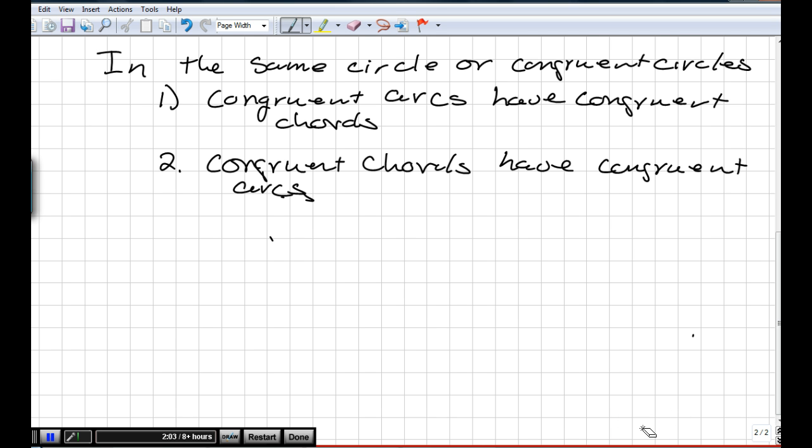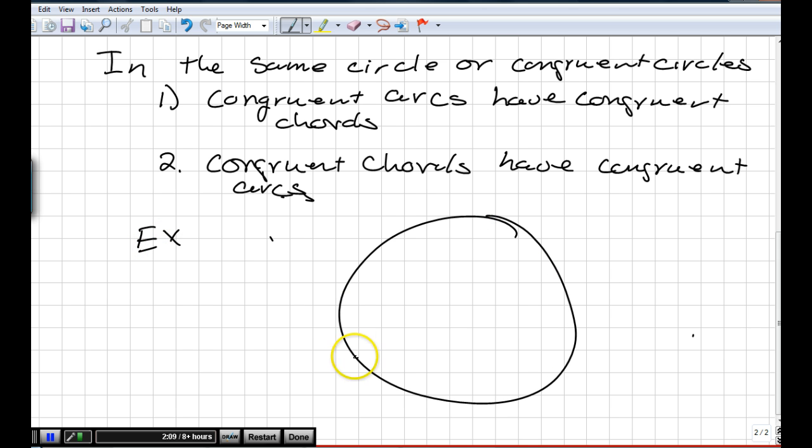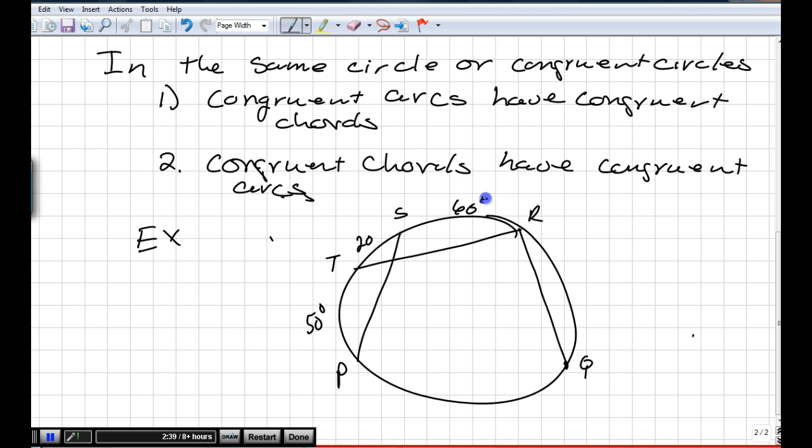Okay? And so, example, if I have this circle and I have chord PS, and I have chord TR, and I have chord RQ. And I know that arc PT is 50 degrees, and I know that arc TS is 20 degrees, and I know arc SR is 60 degrees, and I know arc RQ is 70 degrees.